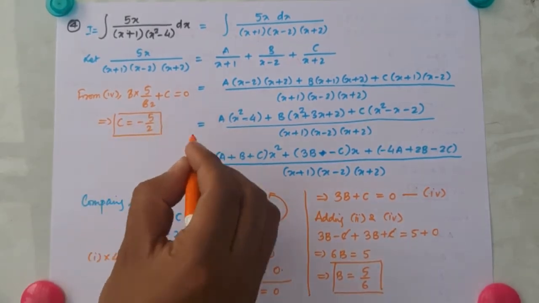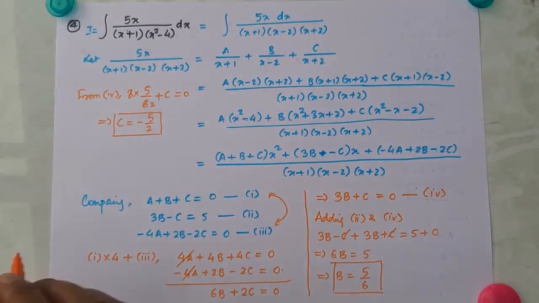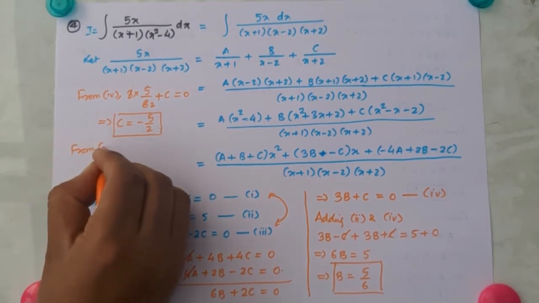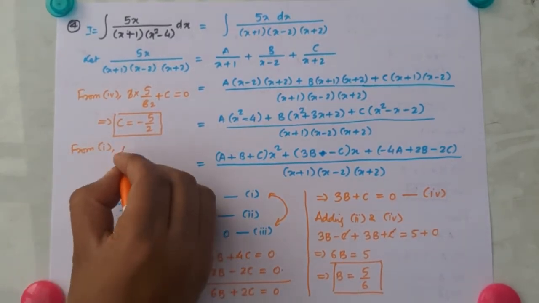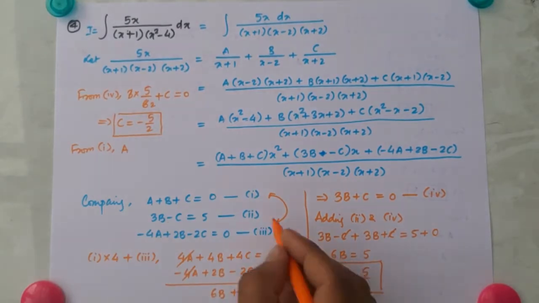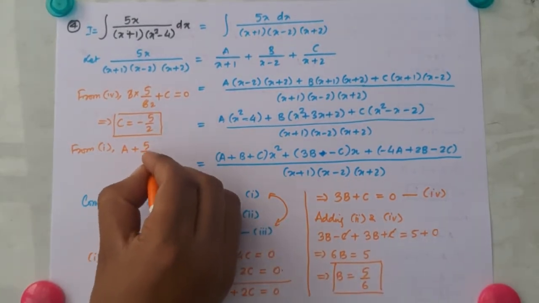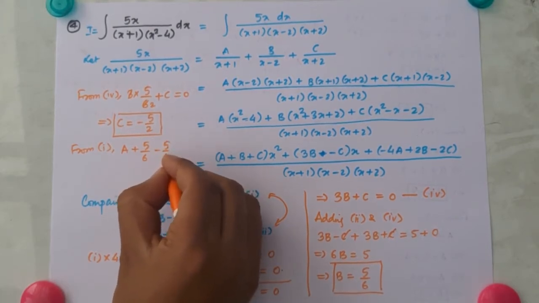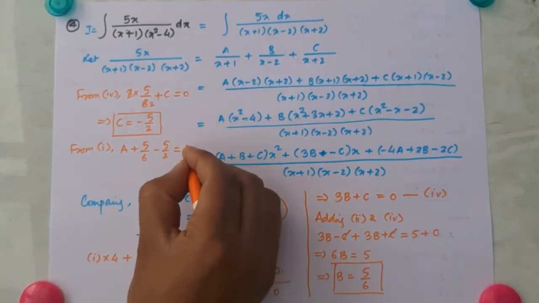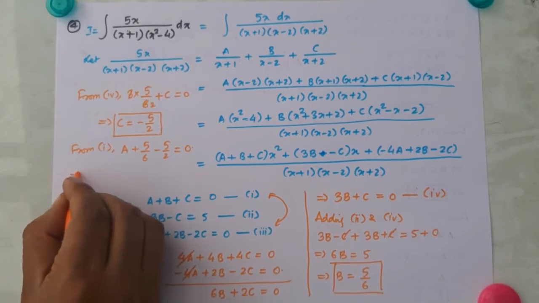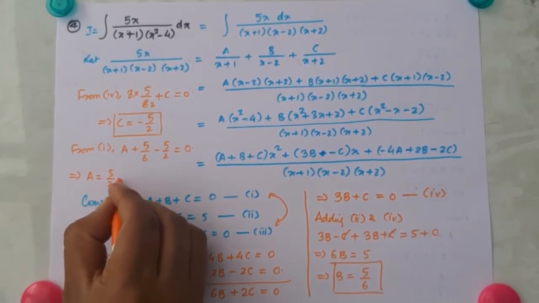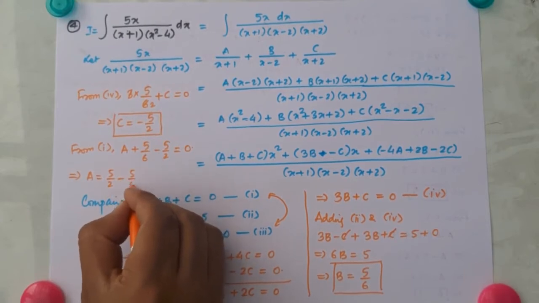Okay, now let's make use of equation 1 in order to find the value of a. So from 1 you get a plus b, b is 5/6, plus c, c is minus 5/2, equals 0, right? So from here you get the value of a to be equal to 5/2 minus 5/6.